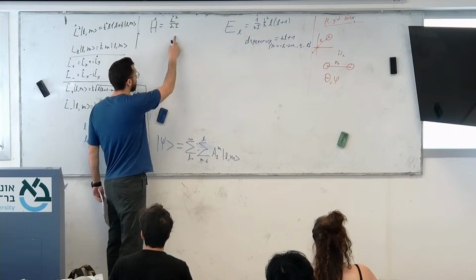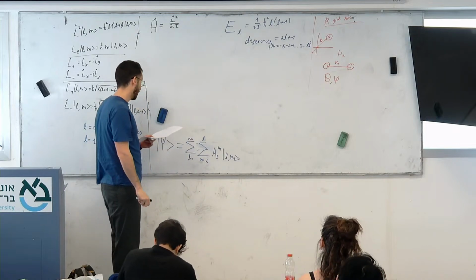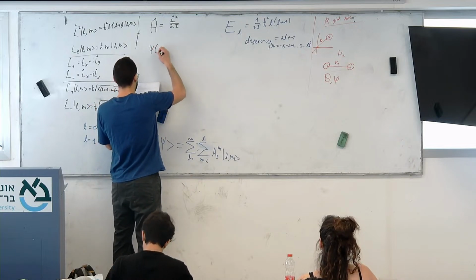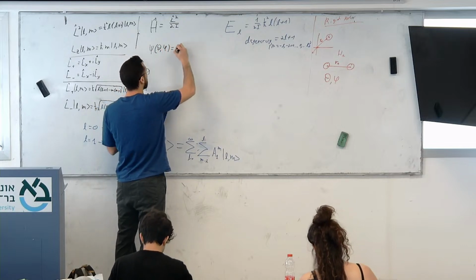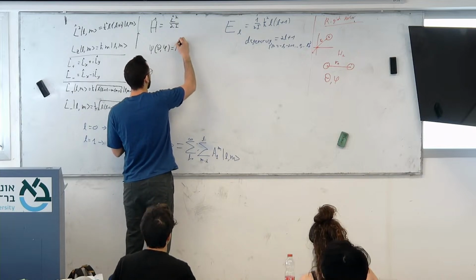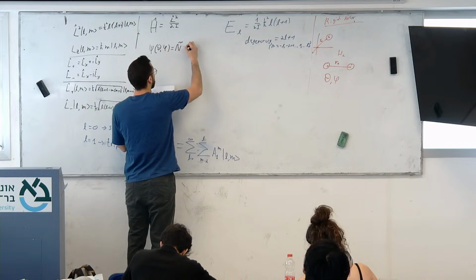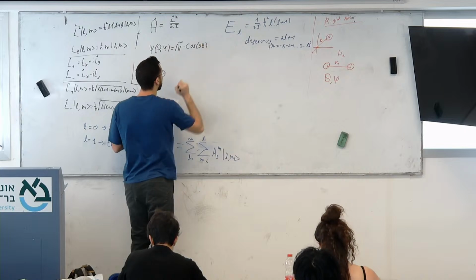We assume we know the moment of inertia, and its wave function psi of theta and phi is equal to some normalization constant, which I call N tilde for normalization, times cosine of 3 theta.